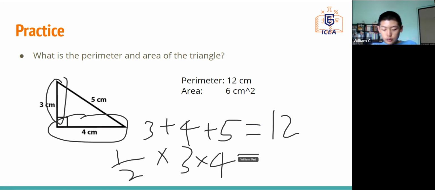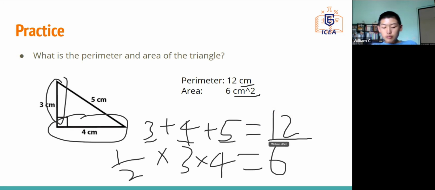4, which equals 6. Notice how the perimeter is in centimeters, and the area is in centimeters squared. This is because the perimeter is 3 centimeters plus 4 centimeters plus 5 centimeters, which equals 12 centimeters.